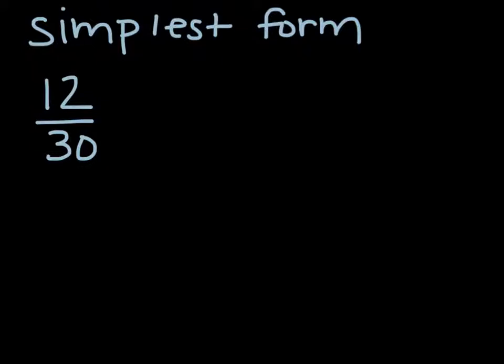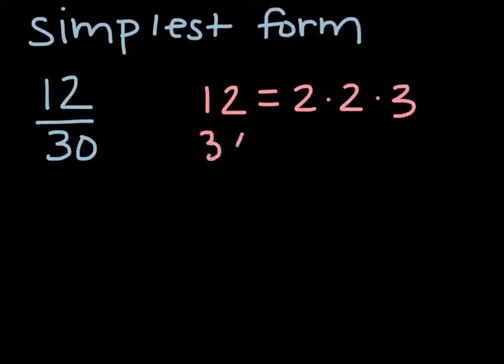We'll begin by finding the greatest common factor, using the techniques we learned in the last lesson. So the prime factorization of 12 is 2 times 2 times 3. The prime factorization of 30 is 2 times 3 times 5.